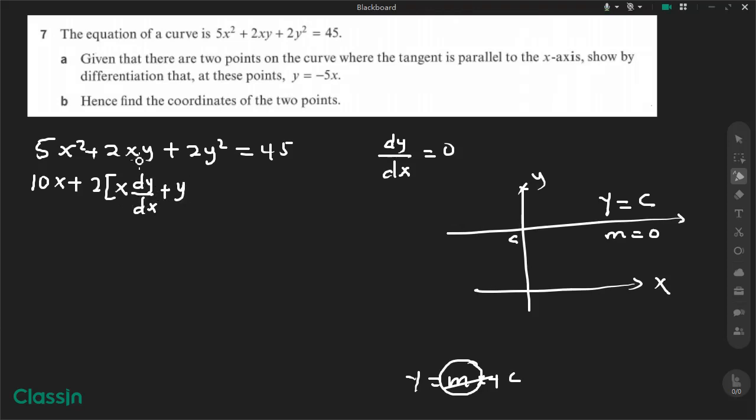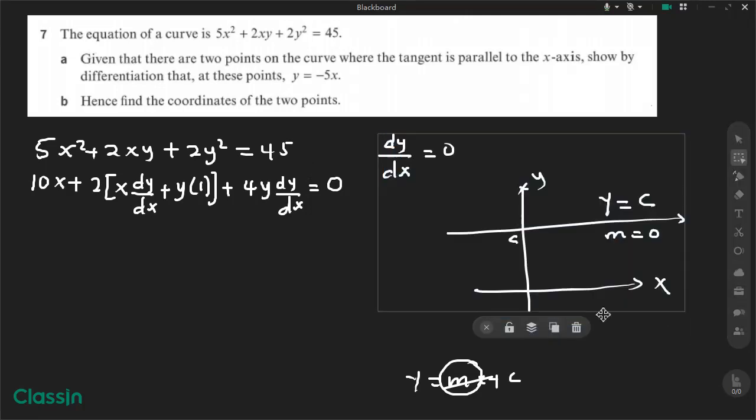Plus we take y, we differentiate x, that becomes 1. If we differentiate 2y squared, that becomes 4y dy/dx, of course, because this is an implicit function. And when we differentiate 45 with respect to x, that gives us 0.